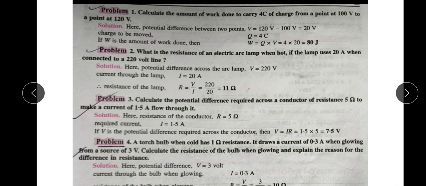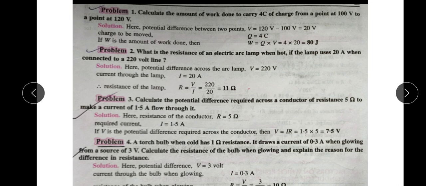We know that the potential difference between 2 points is V equal to higher potential minus lower potential, that is 120 volt minus 100 volt, which is equal to 20 volt.